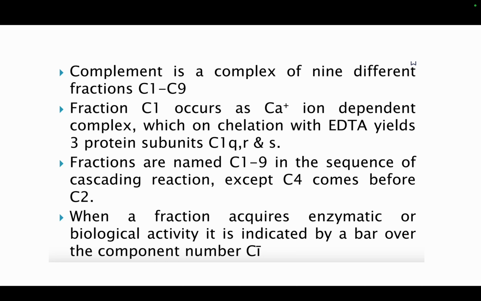Fractions are named C1 to C9 in the sequence of the cascading reaction, except that C4 comes before C2. When a fraction acquires enzymatic or biological activity, it is indicated by a bar over the component number. That is, if C1 gets activated, then it is written C1 with a bar.